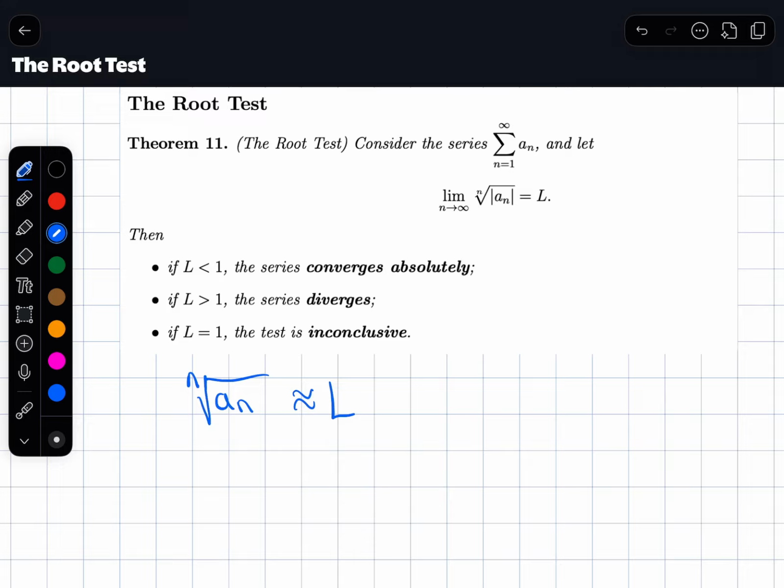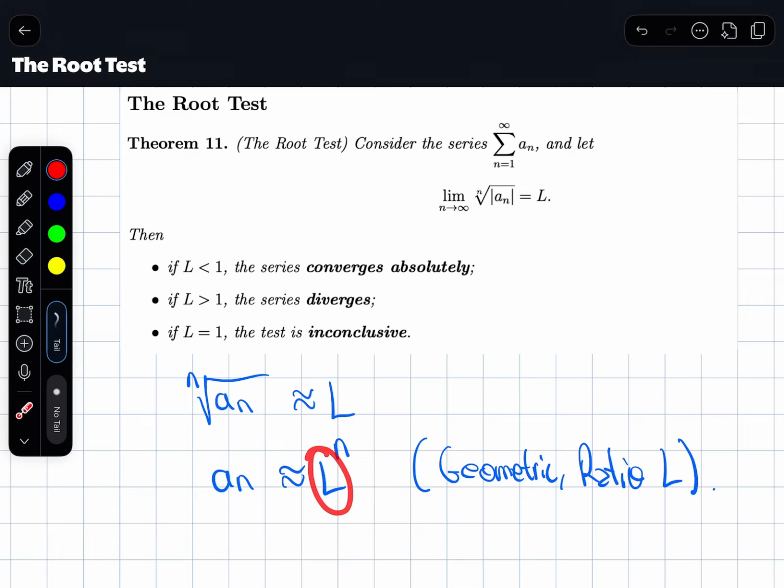I can raise both sides to the power n to get a_n approximately L to the power n, which means this is approximately geometric with the ratio L. So again, if L is 1/2, this is 1/2, 1/2 squared, 1/2 cubed, 1/2 to the power fourth, and so on. And so this is going to converge. And again, absolutely, because I'm taking absolute values here of a_n.